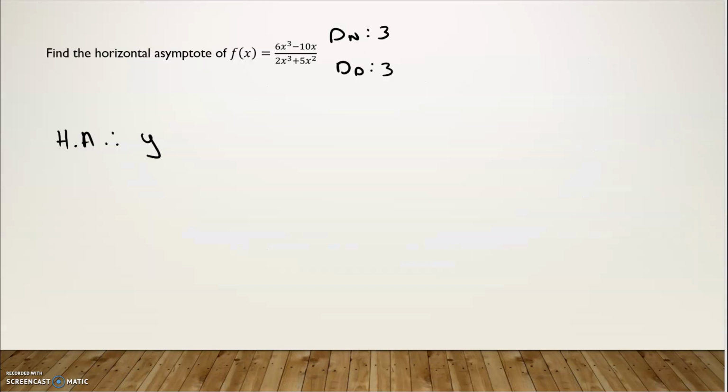The leading coefficient for the numerator is 6, and for the denominator it is 2. So it'll be 6 over 2, or 3. Our horizontal asymptote is y equals 3.